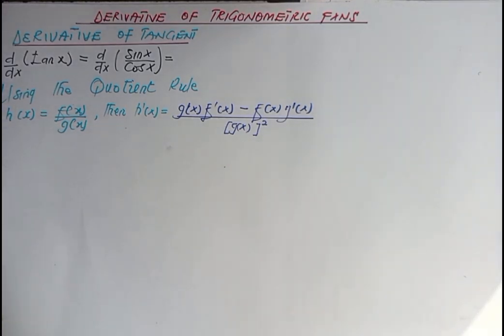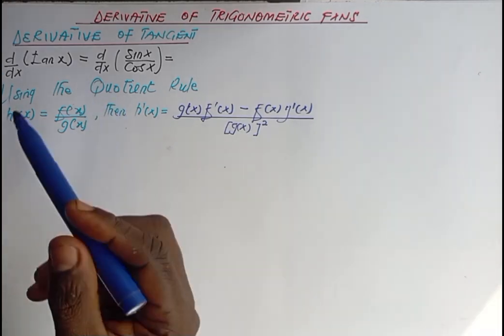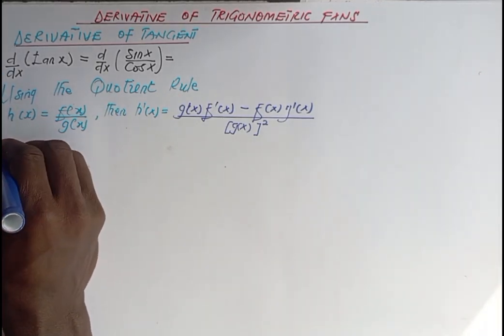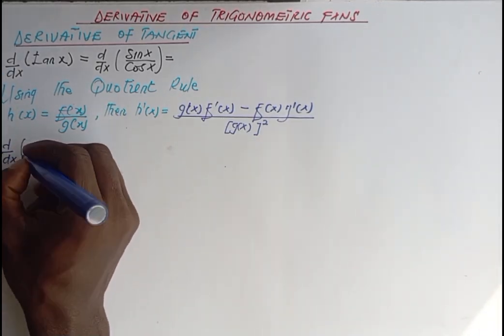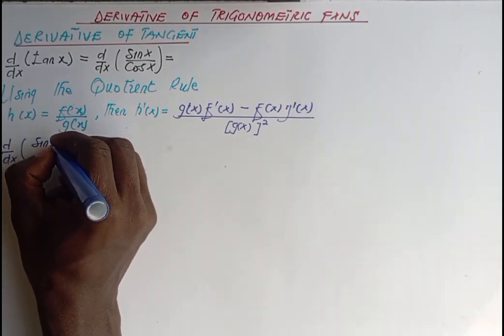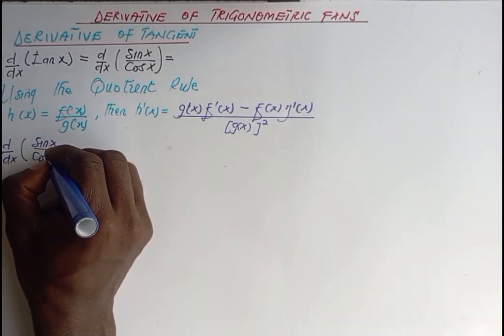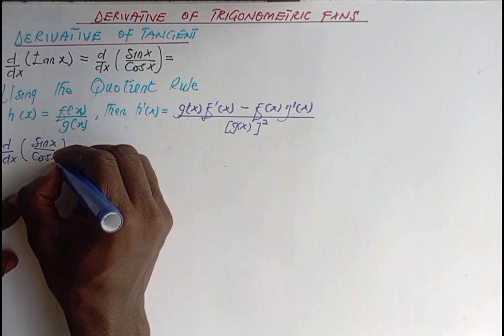So the derivative of sine x over cos x, which is tan x, is given as follows.